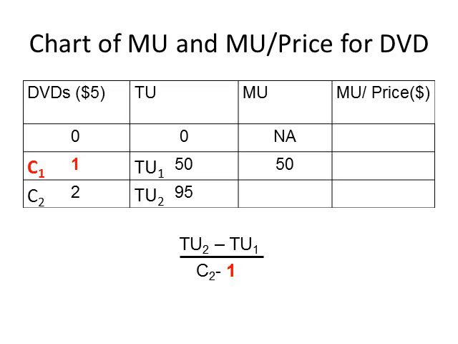Next, we'll substitute in 1 for C1, 50 for TU1, 2 for C2, and 95 for TU2. Next, we're going to subtract 50 from 95, leaving 45, and we will subtract 1 from 2, leaving 1 for our difference in consumption. The marginal utility of going from the consumption of 1 DVD to 2 DVDs is 45.